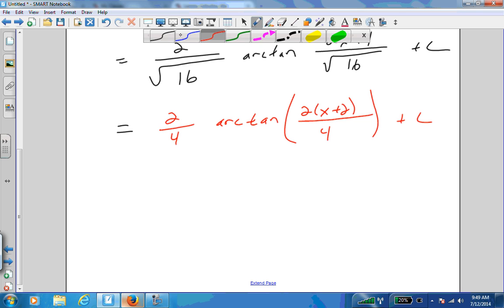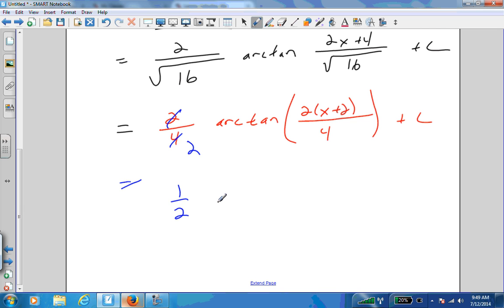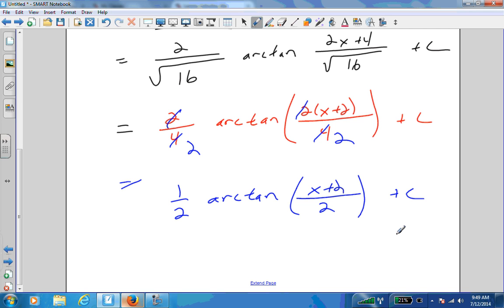And lastly, we reduce, we have a 1/2 out front, arctangent of (x plus 2) all over 2, plus c. So it's just a matter of substituting the proper things into our formula.